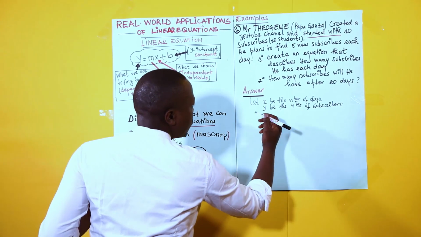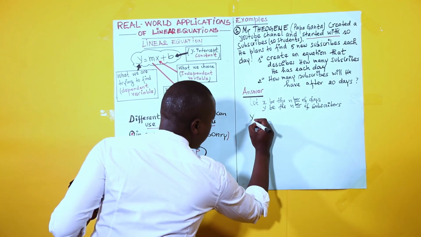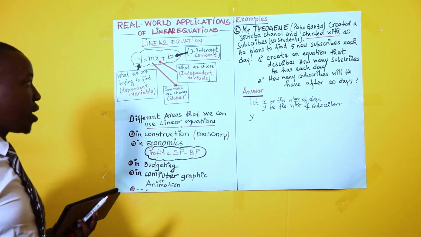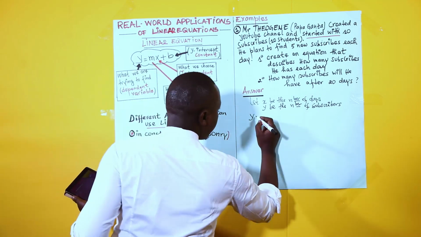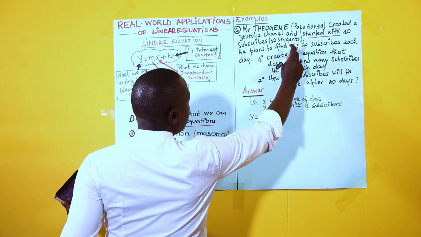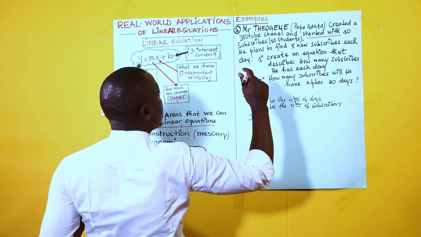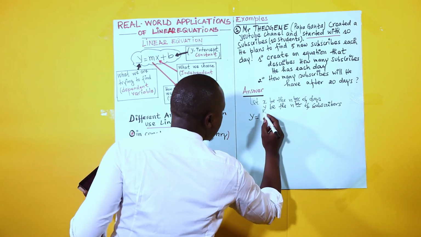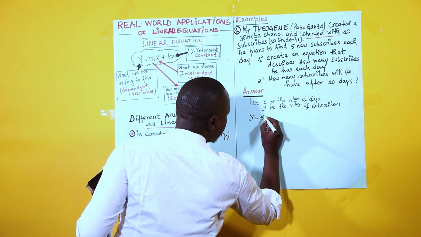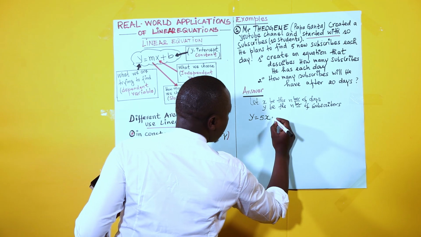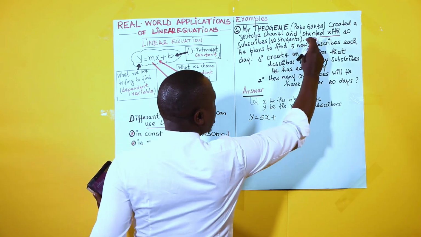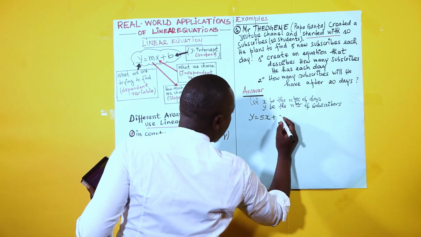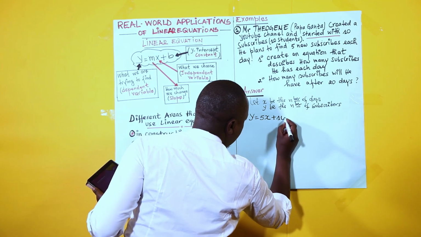Then we are going to create an equation because we are looking for subscribers. y equals what? 5 is going to be the slope, because the value of x will change with 5, so it will be 5x plus c, where the started with is a constant. It is 10, right?